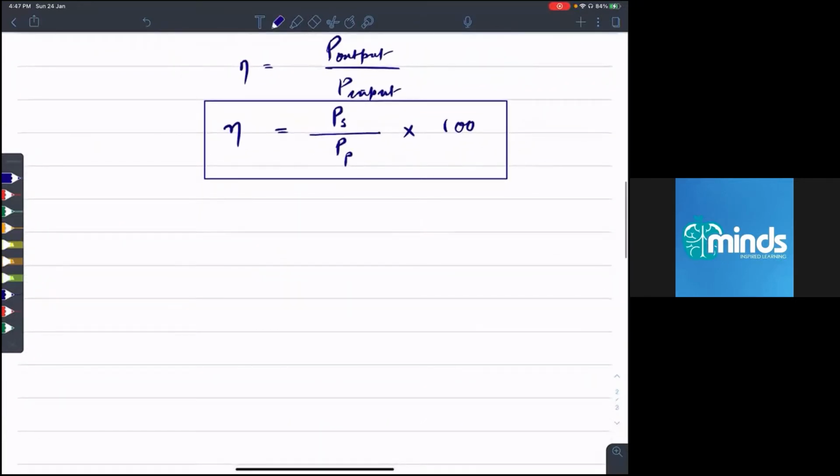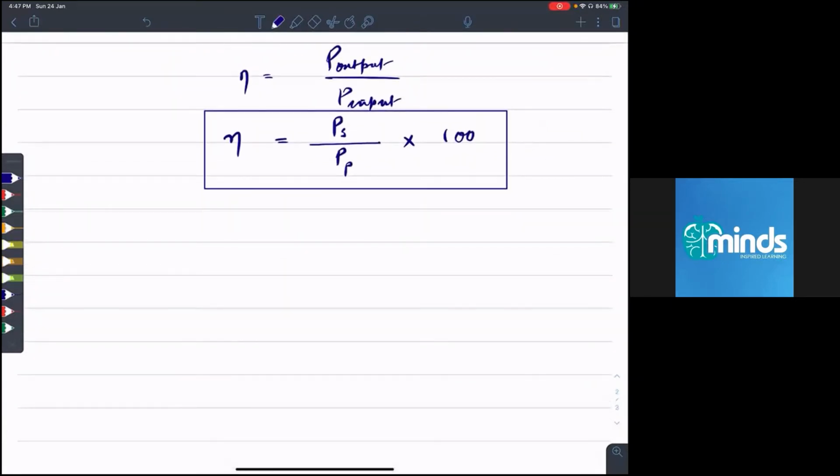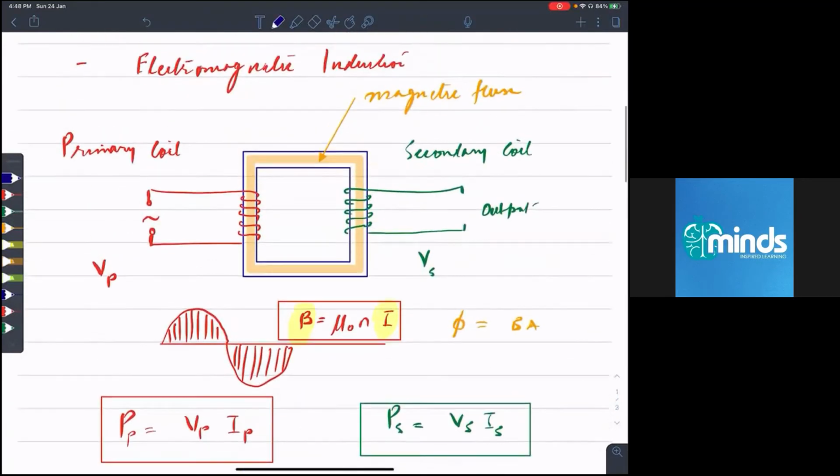Now, if I say a transformer is 100% efficient, how can a transformer be 100% efficient? When power output is the same as power input. If any of you is wondering, sir, the purpose of a transformer was to increase or decrease the voltage, I am sticking to my statement.